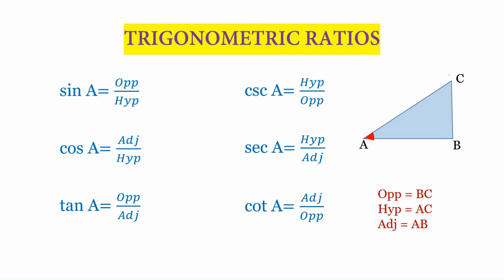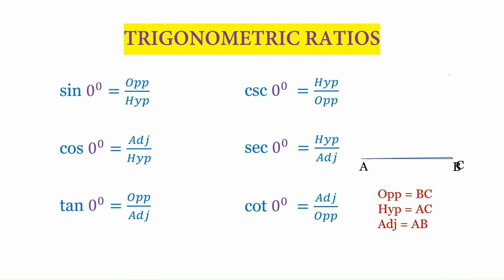When the angle is 0, BC length also will become 0. Because of that, the values for opposite, hypotenuse, and adjacent can be written like this: BC is 0, and we can see that B and C vertices coincide. So AB and AC would be of the same length.